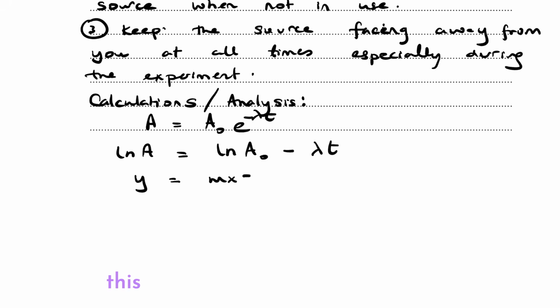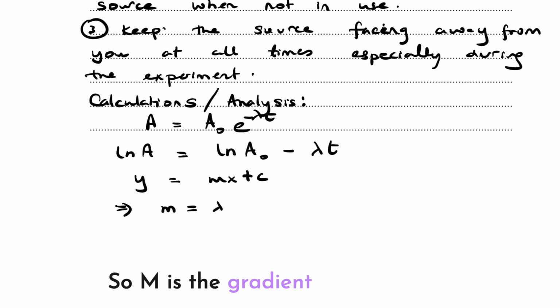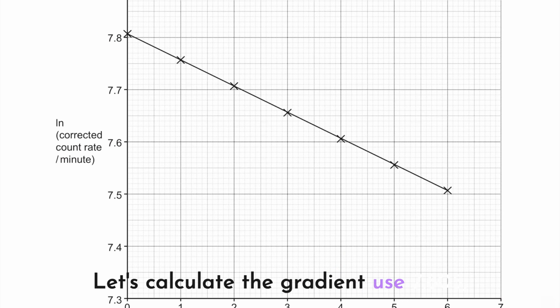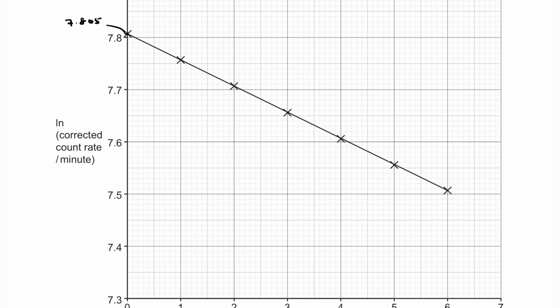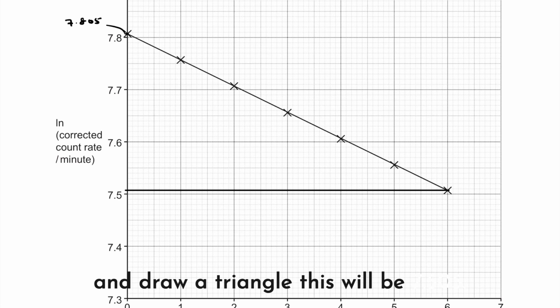Now, comparing this with the equation of a straight line, y equals mx plus c, m is the gradient of this graph. Let's calculate the gradient. Use 7.805 and a triangle will be 7.505.